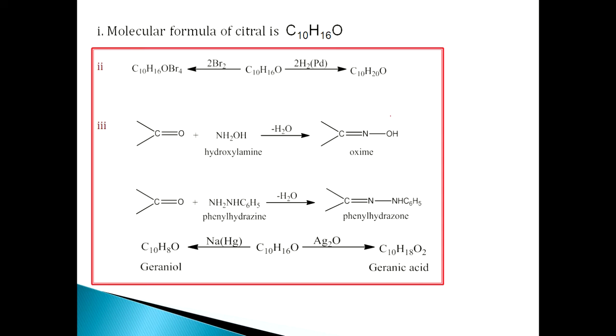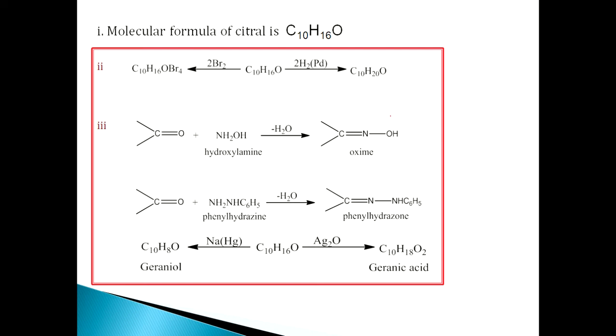The carbonyl group reacts with hydroxylamine to give an oxime, and the carbonyl group of citral reacts with phenylhydrazine to produce a phenylhydrazone. From these two points it concludes that the carbonyl group is present in citral. And the carbonyl group is aldehydic.